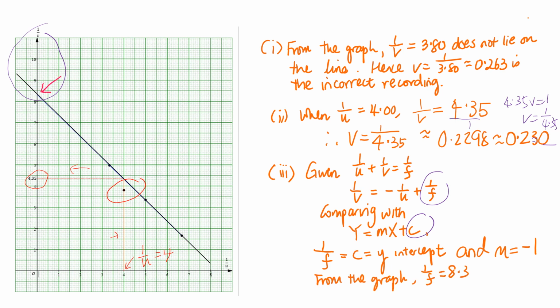From the graph, 1 over f is 8.3, so the value of f will be 0.120. In the earlier slides, I have also shown you the degree of accuracy. So if your answer is different from mine, you can refer to the earlier slides to check whether it is within the range.